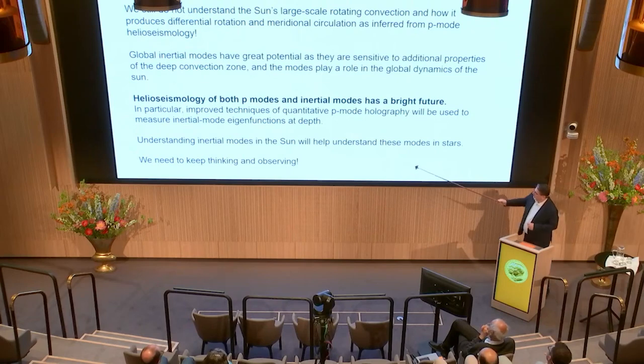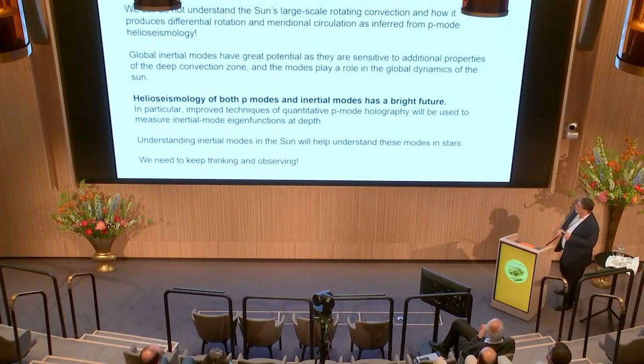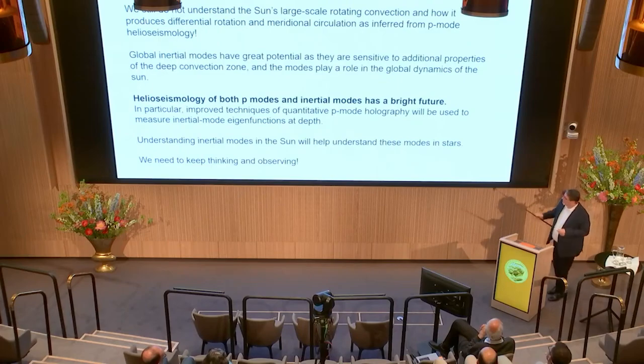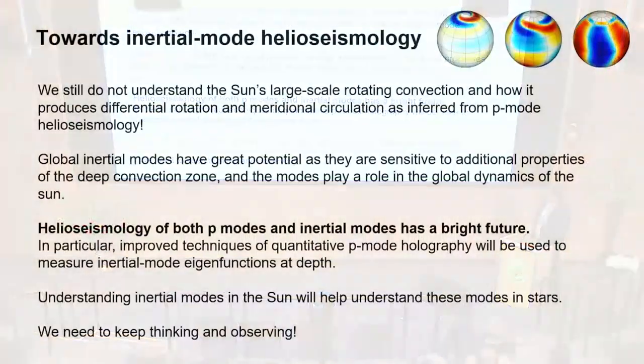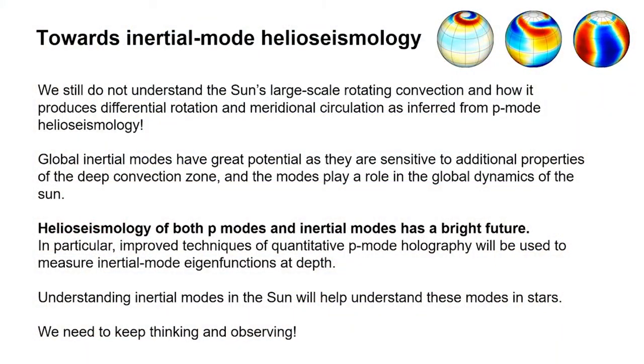Now, understanding inertial modes in the sun should help understand these modes in stars. We've already learned a few things, like the eigenfunctions are not spherical harmonics. There's no L in this case, except for this equatorial Rossby mode. And that they also perhaps play an important dynamical role. So we have to keep thinking and observing.